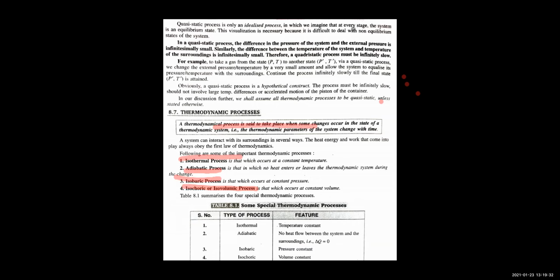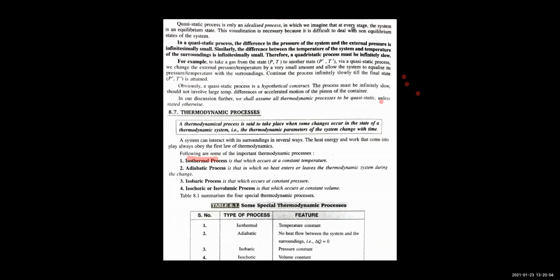So children, the name itself suggests its meaning. First process, that is isothermal. Thermal means temperature. So this is the process in which the temperature of the system remains constant. So what is an isothermal process? An isothermal process is the process in which the pressure and the volume of the system change, but the temperature of the system remains constant, right?